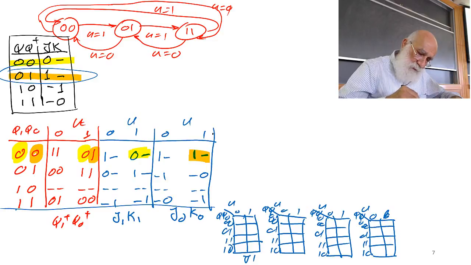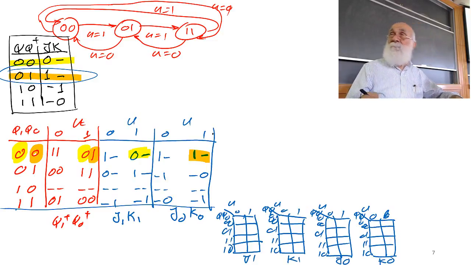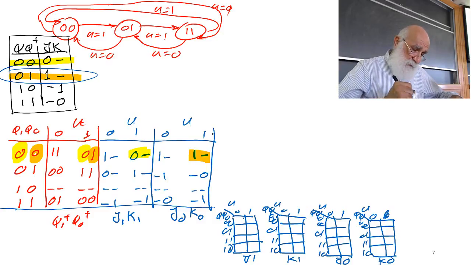This is J1, K1, J0, K0. Okay? And again, let me use a darker color to do that. And J1 is 1 0 dash dash, right?